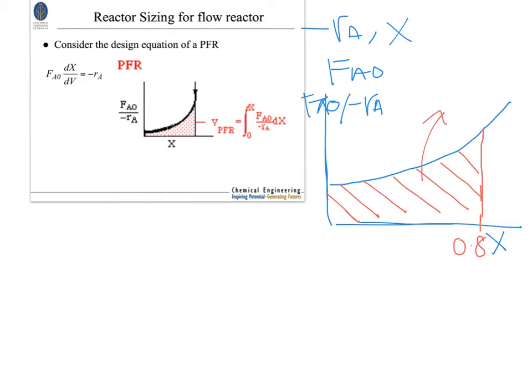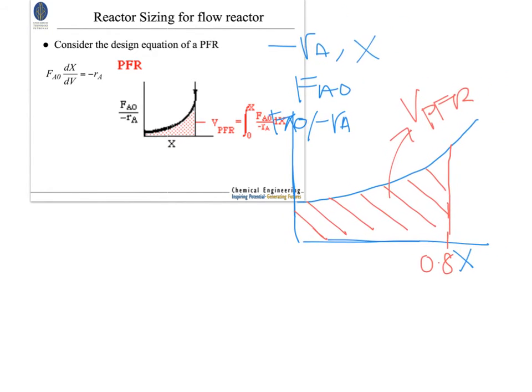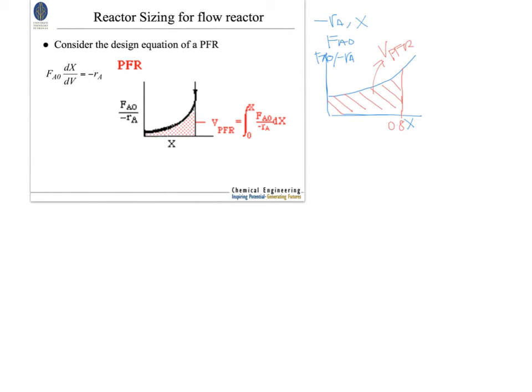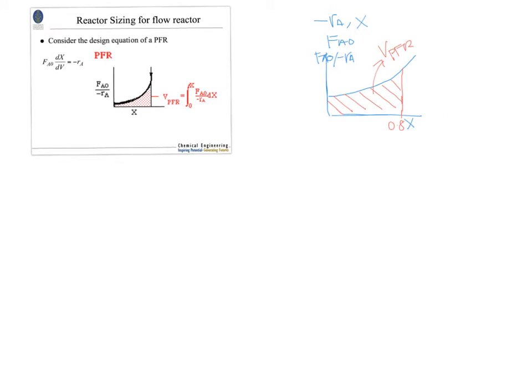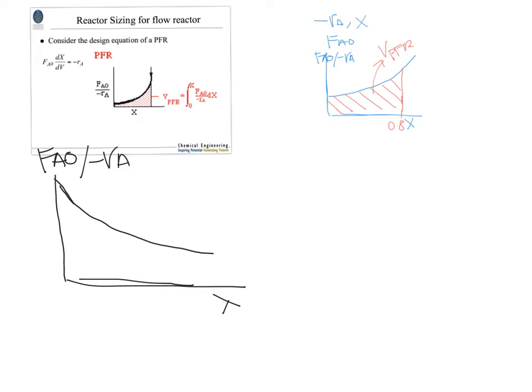So this is VPFR. Let's say you have a different example, a different plot. You have X versus FA naught over minus RA, and let's say the Levenspiel plot looks like this.